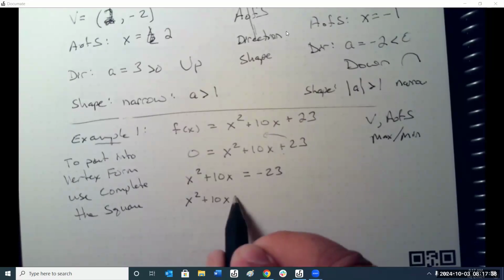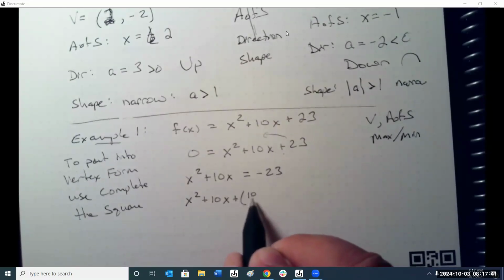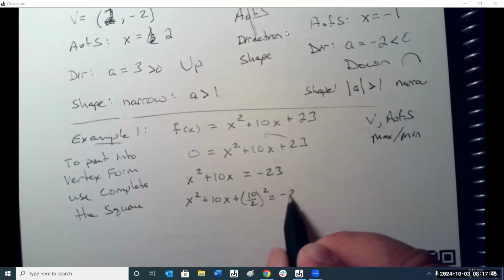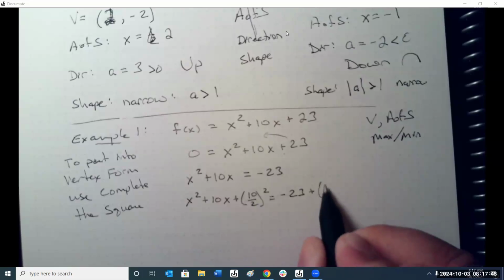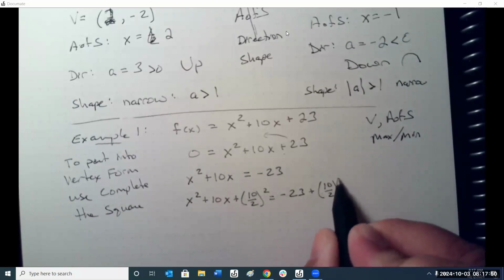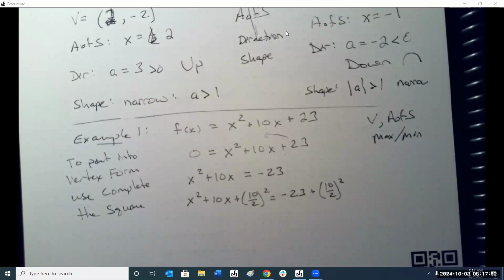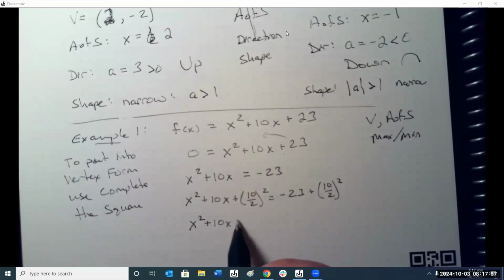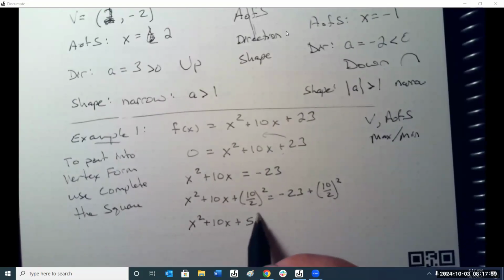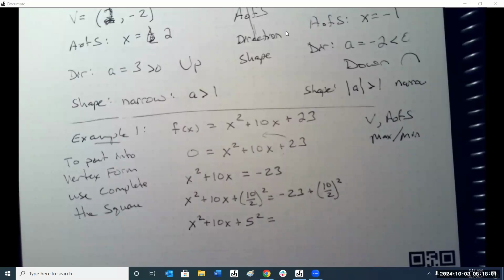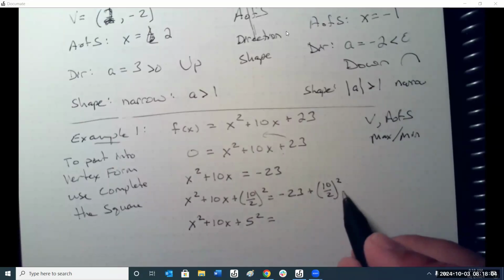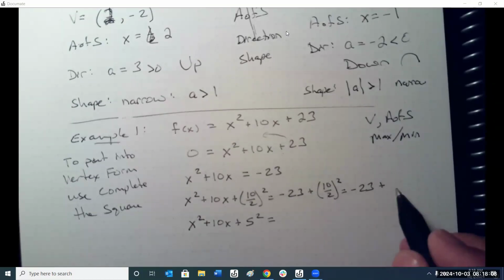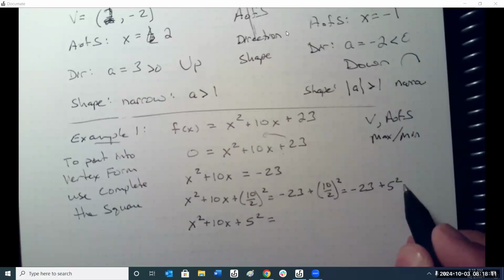Next step is we add b over 2 squared to both sides. On the left side, only do what's inside the parentheses. On the right-hand side, work it all the way out. So we have negative 23. 10 divided by 2 is 5 squared.